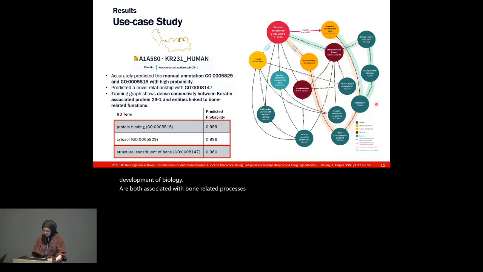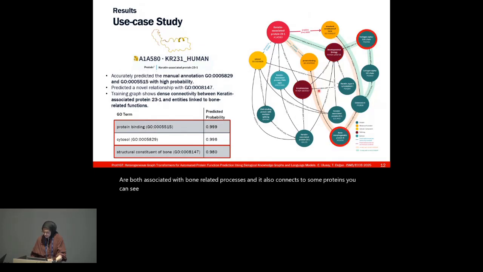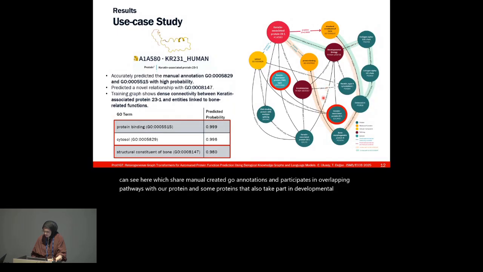And it also connects to some proteins, you can see here, which share manually created GO annotations and participate in overlapping pathways with our protein. And some proteins that also take part in the developmental biology pathway also contain the same domains as our query protein. This highlights indirect but biologically meaningful associations that likely contribute to the prediction.